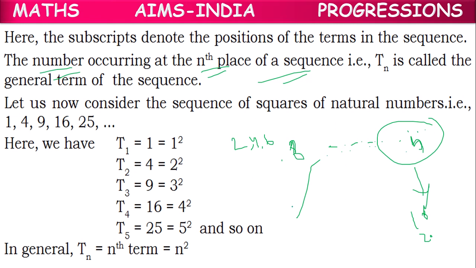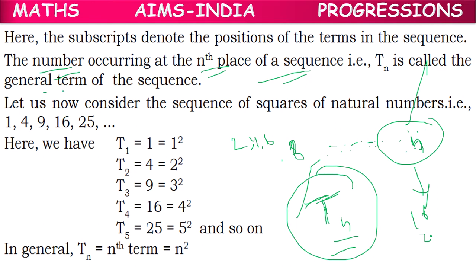So the nth term can be written as Tn, where n will be in the place of the subscript. This Tn is called the general term of the sequence. Based on that, we can find any term.